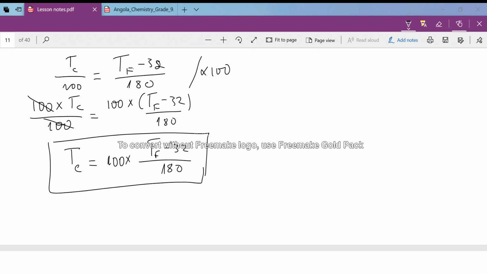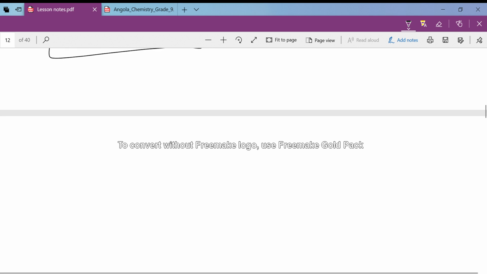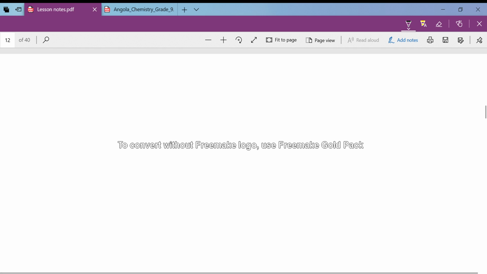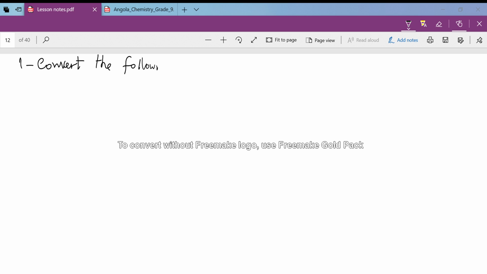So let's start with an example. It's always best to start with an example. So we will have exercise 1, convert the following temperature.